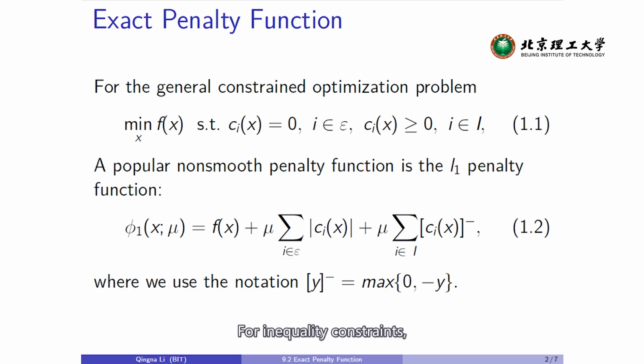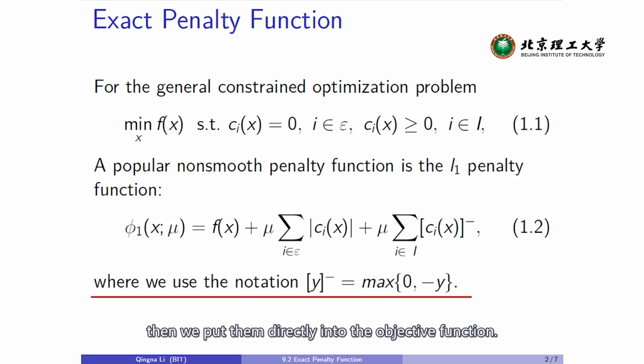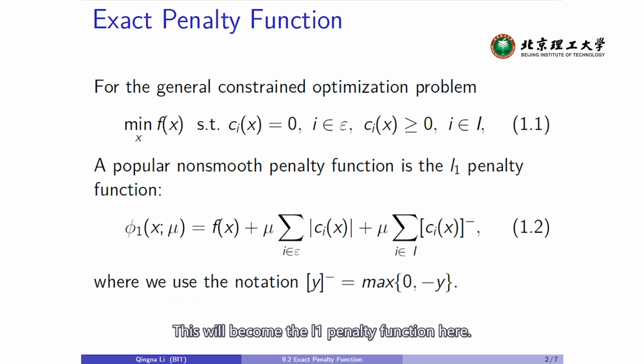For inequality constraints, we take the maximum of 0 and the non-negative part of the constraint, then we put them directly into the objective function. This becomes the L1 penalty function. In other words, we replace the L2 penalty function with the L1 penalty function, and then we get the L1 penalized problem.